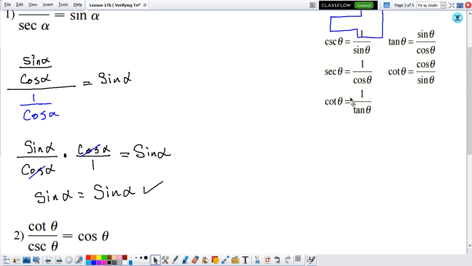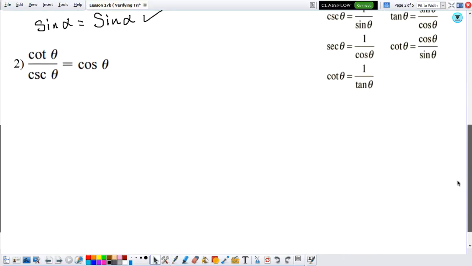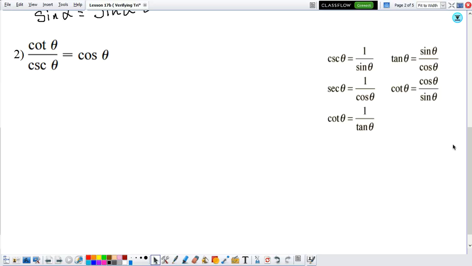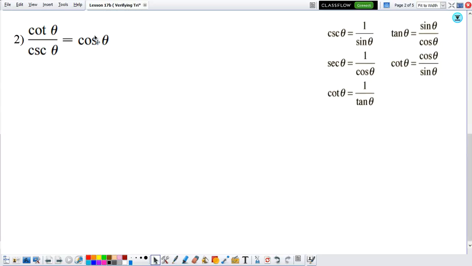Let's try one more example here. Now, we are going to try and verify that the left side is equal to the right side. I notice that the left side looks the hardest to work with, so that's the side we're going to choose to modify. Cotangent. Is there a way for me to write cotangent in terms of sine and cosine? Notice that we can rewrite cotangent as cosine over sine.